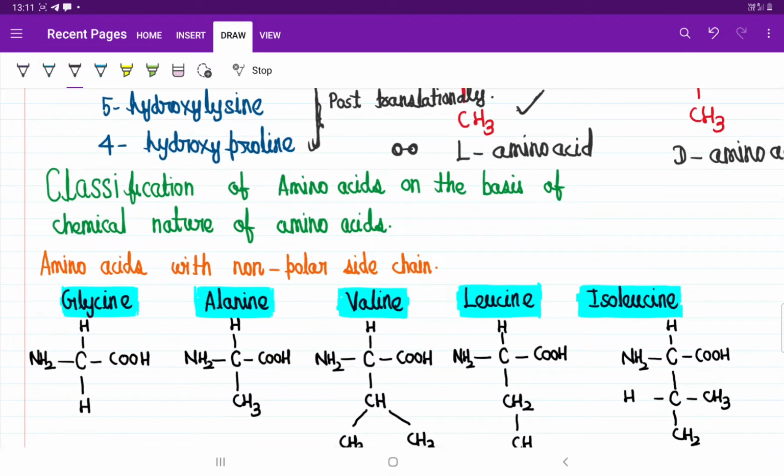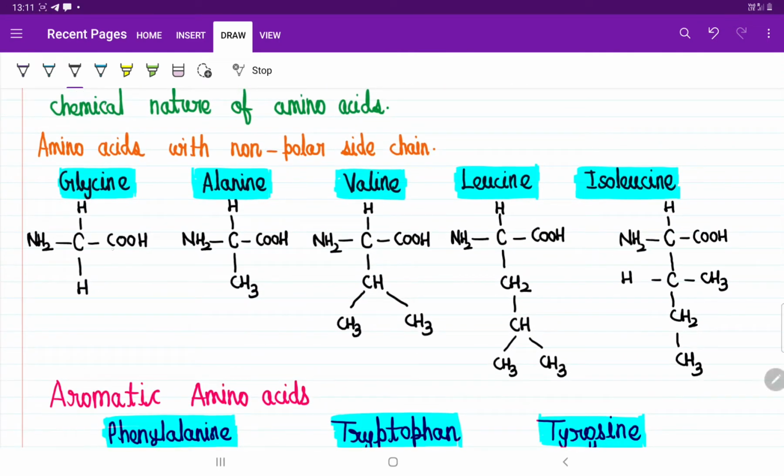We have classified all these standard amino acids on the basis of their chemical nature. Amino acids which have a non-polar side chain will obviously be hydrophobic in nature. They are less soluble in water. So what are the examples? Glycine, which is the simplest amino acid.